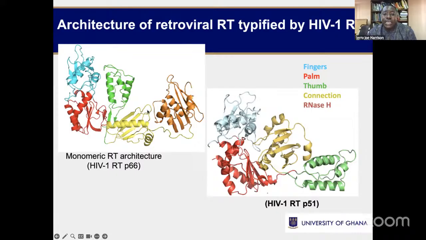And these are the two types of architecture for all retroviruses that we knew at the time. So the right hand and then the closed configuration for the p51. So we had a p66-like conformation where it's the right hand and then the closed one for the p51.